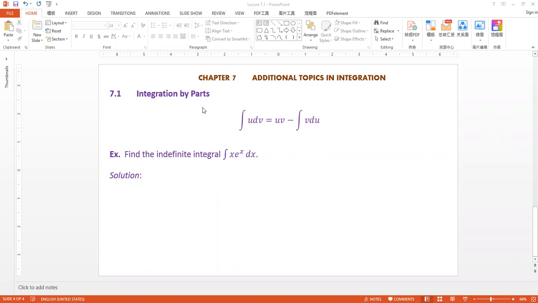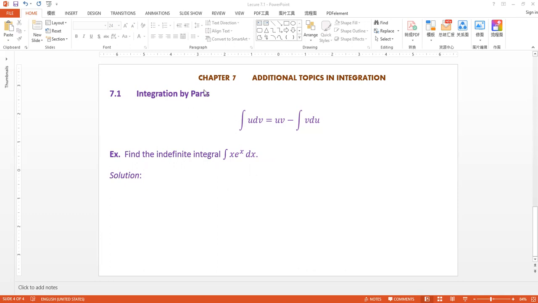So this is another important technique of integration, integration by parts. The first strategy we discussed before is called integration by substitution. We already discussed how to evaluate integrals by substitution. And this is another important tool that we can use to evaluate integrals.